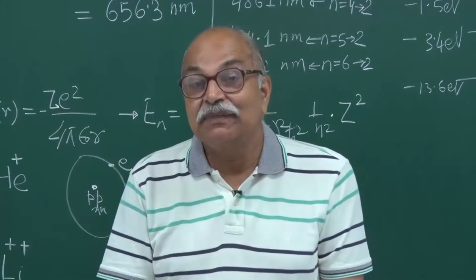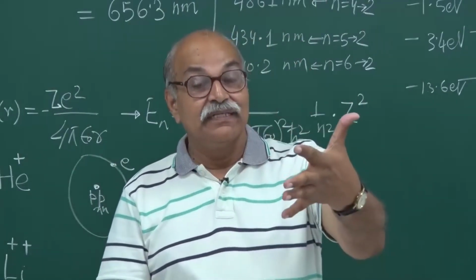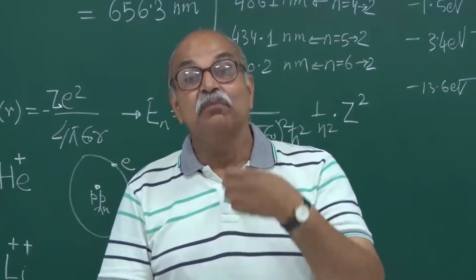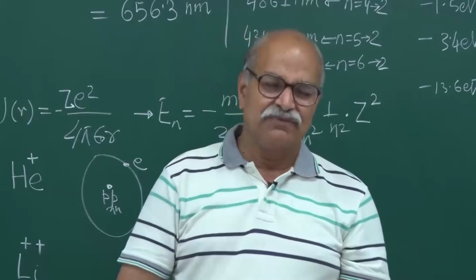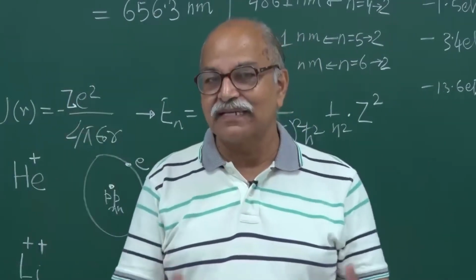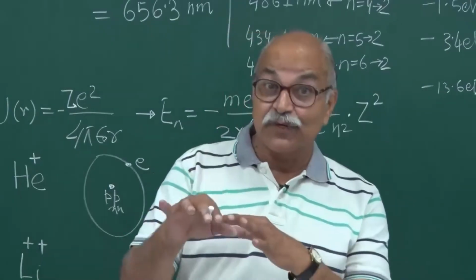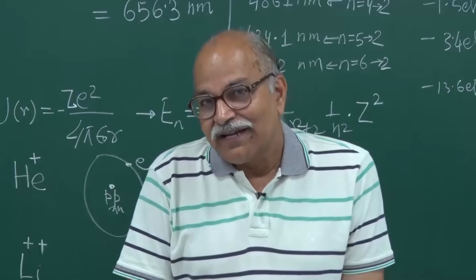So, if the potential is different from that 1 by r type, it turns out that this model in terms of circular orbits, or if you stretch it to elliptical orbits using classical physics with quantization of course, does not work well.